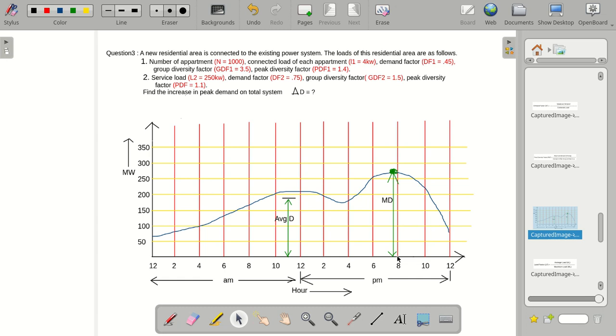So the peak diversity factor is equal to this demand divided by the demand of that group at 8 pm.